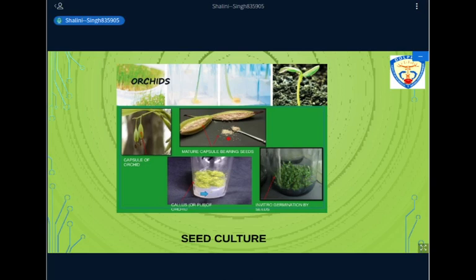Because tissue culture is expensive as compared to normal conventional cultivation practices. How is it expensive? In this operation, you have to set up a lab. When you are setting up a lab, you will require instruments and chemicals, so that will be expensive. And then you will need a person who is trained enough to do tissue culture.